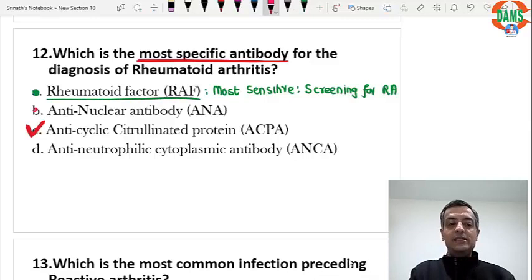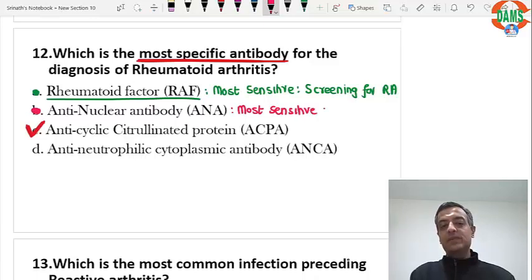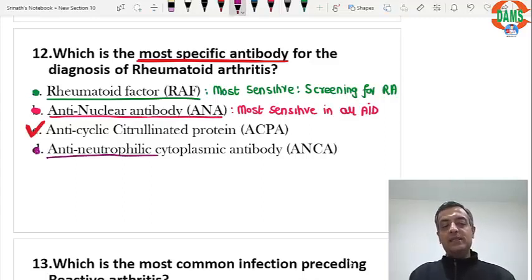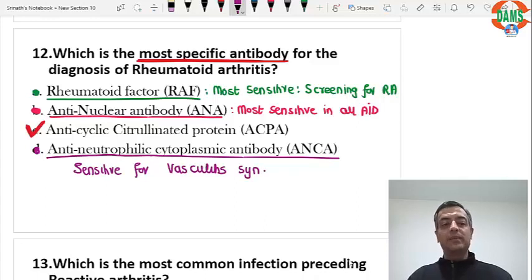ANA remains the overall most sensitive antibody in autoimmune disease, especially lupus, and ANCA is sensitive for vasculitis syndrome.